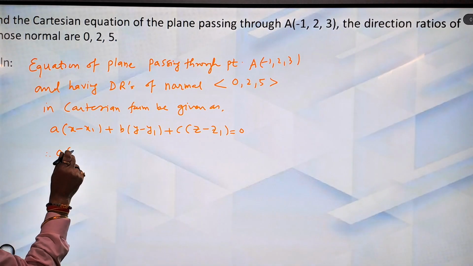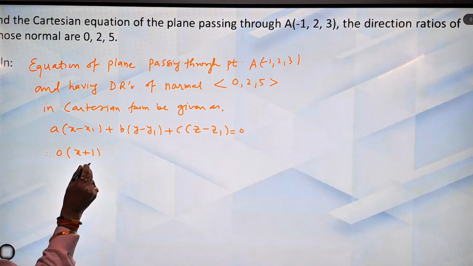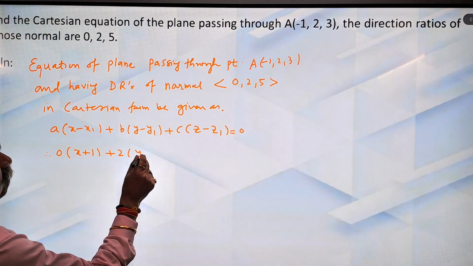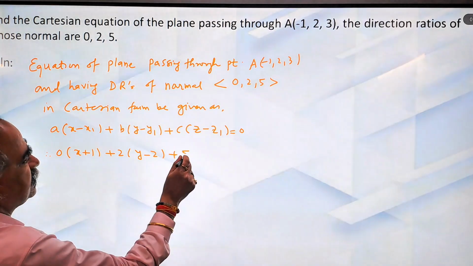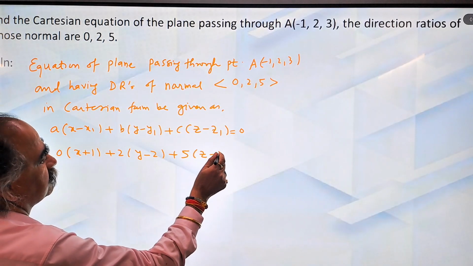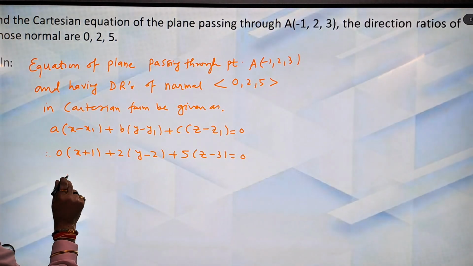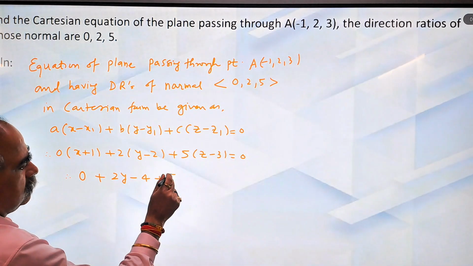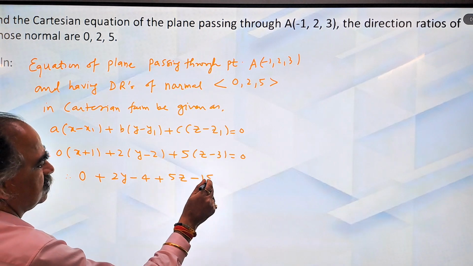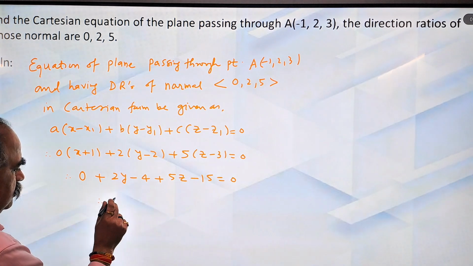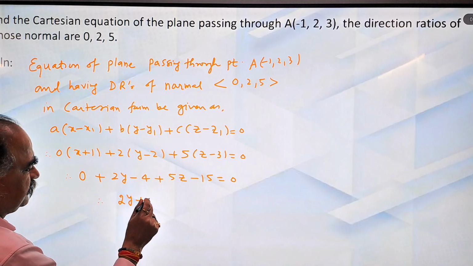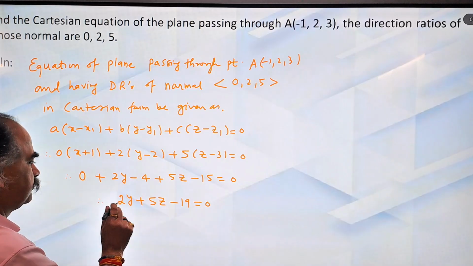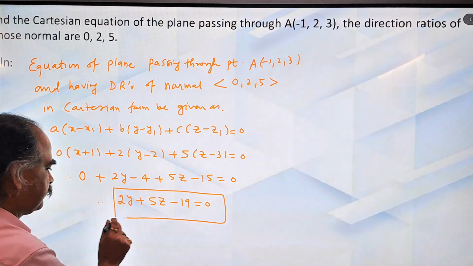So 0 into x plus 1 plus 2 into y minus 2 plus 5 into z minus 3 is equal to 0. 0 plus 2y minus 4 plus 5z minus 15. So 2y plus 5z minus 19 is equal to 0 is equation of plane.